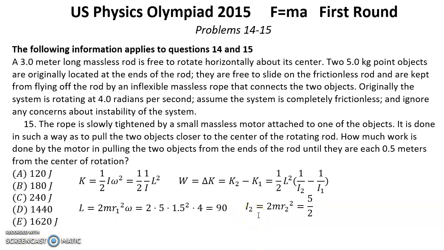I2 in the second position equals M multiplied by R2 squared, which is 5 over 2. I1 equals M multiplied by R1 squared, which is 45 over 2. And finally we can put these numbers into this expression and get the answer. The work will be equal to 1440 joules, which is answer D.